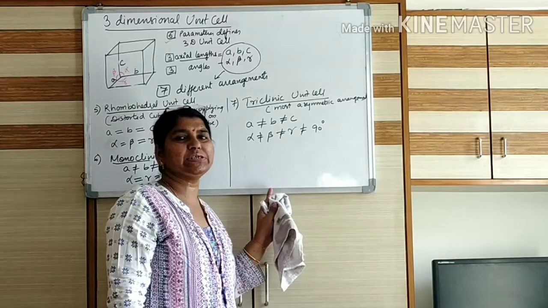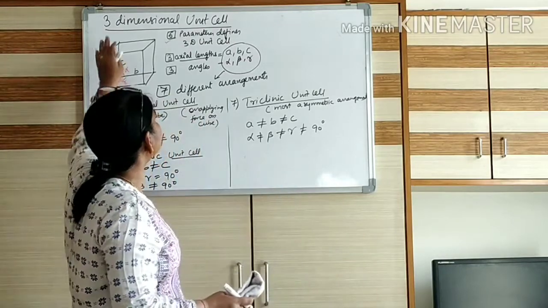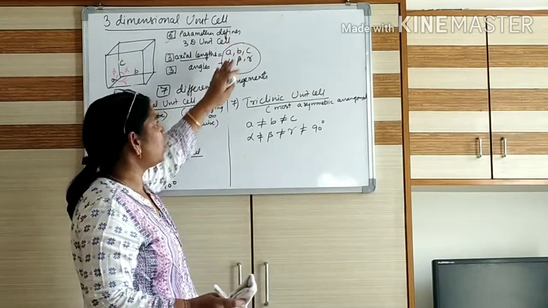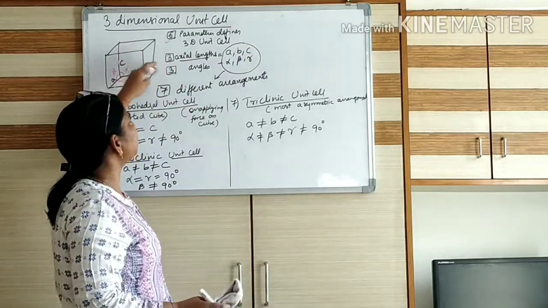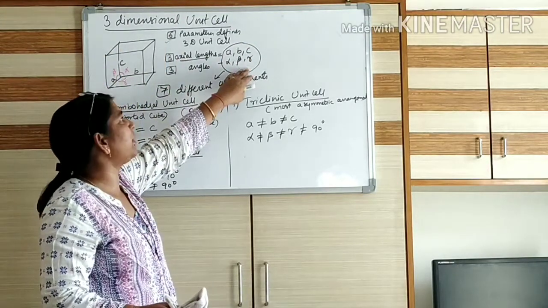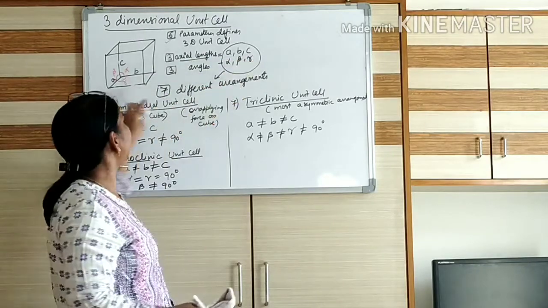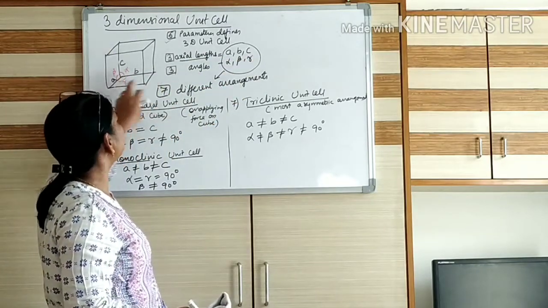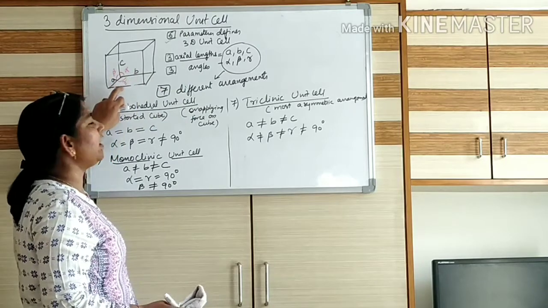So here we finished three-dimensional unit cells. So how many types? 6 parameters decide about the three-dimensional 3D unit cell. Those 6 parameters are 3 lengths a, b, c, and 3 angles alpha, beta, gamma.